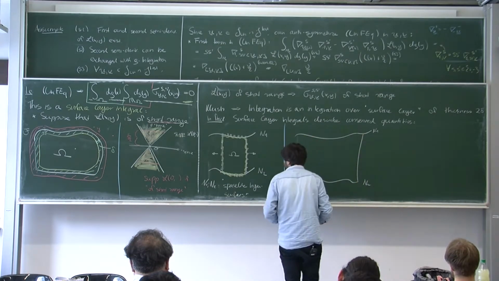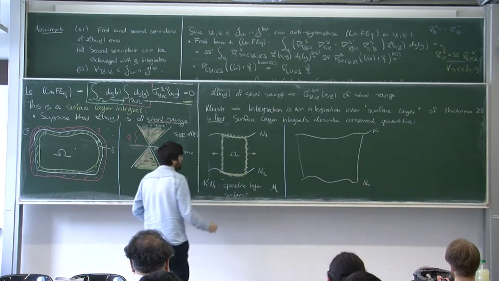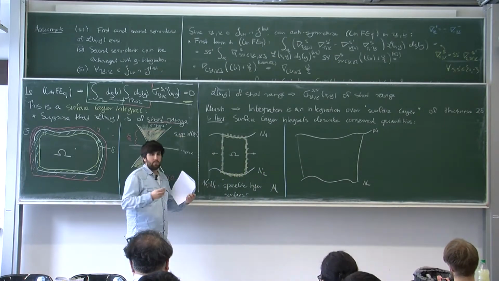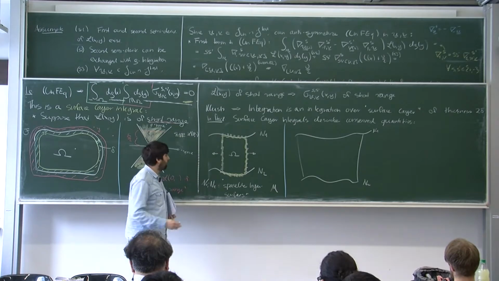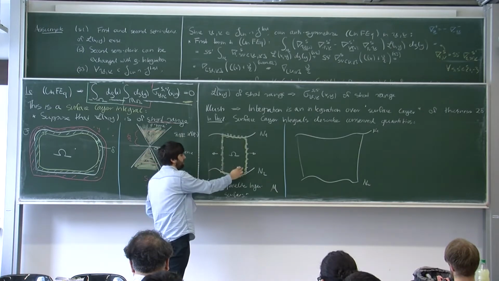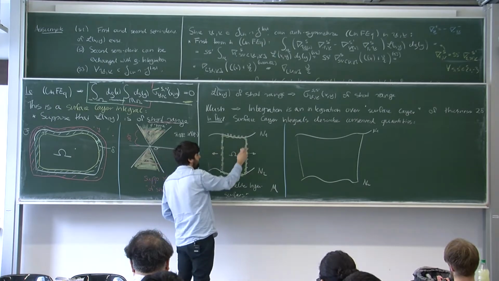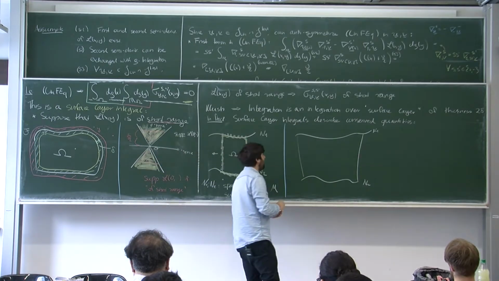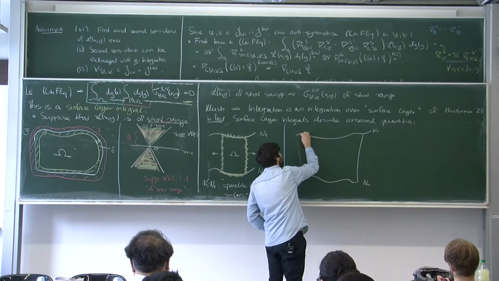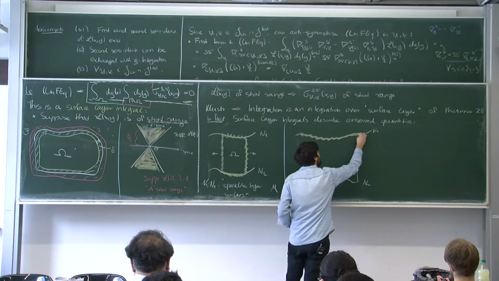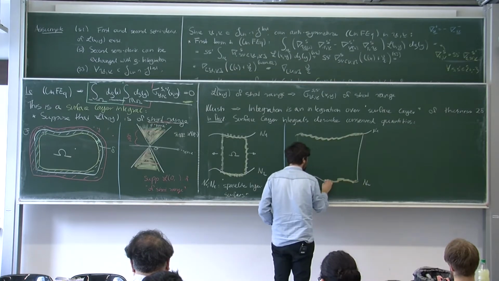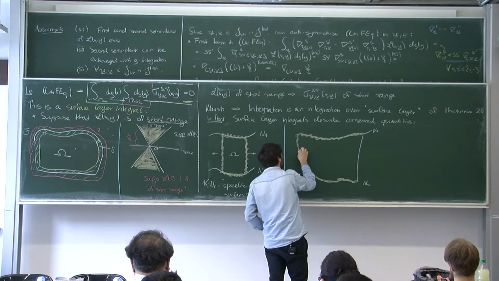The idea which I'm explaining informally here is that if you send this out to infinity, the contribution of those two parts of the boundary might vanish. So in this case, we made it a little bit larger, so we still have the integration over here, and we have the integration over here, and we still have an integration over here.